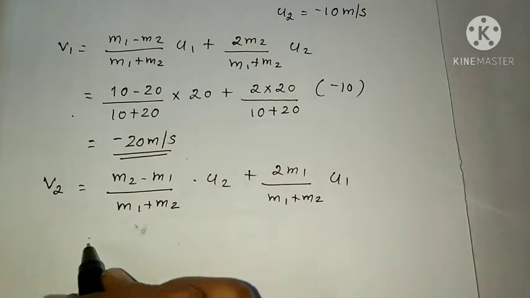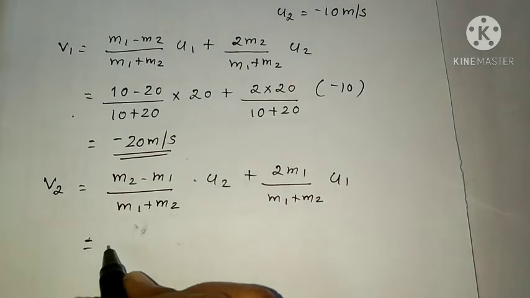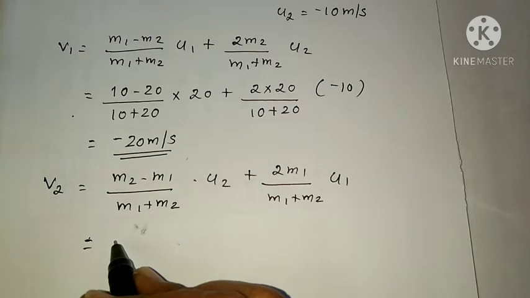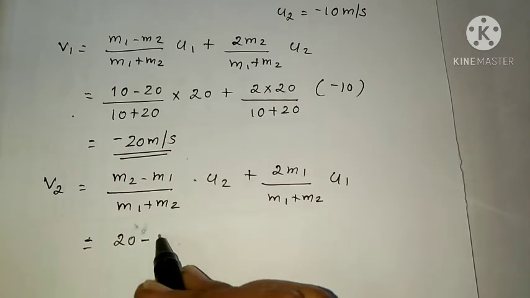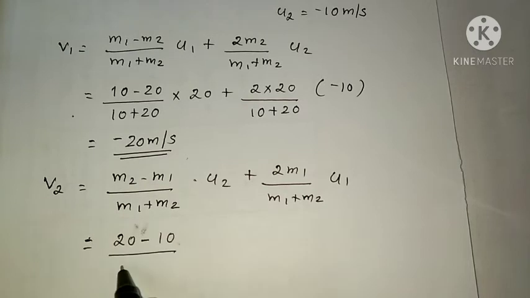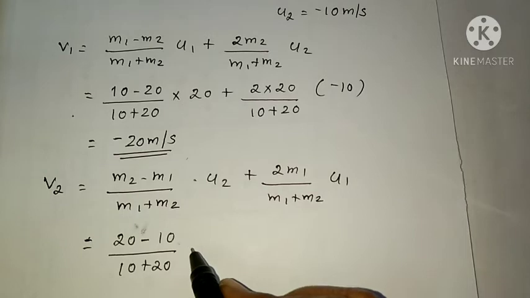So we can substitute the values, that is m2. What is m2 there? That is 20 minus m1 10 divided by 10 plus 20, then what is u2?